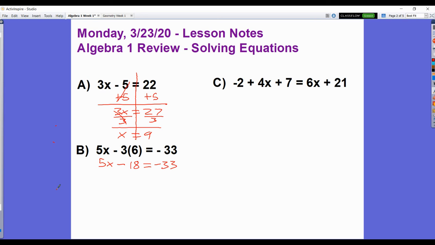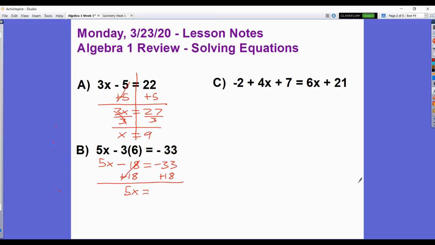Now we're going to go through the same steps that we just did in problem A up above. We're going to cancel out this minus 18 by doing the opposite to each side. When we do that, the 18s are gone. We're left with 5x on the left. And on the right, we got some math to do with our positives and our negatives.